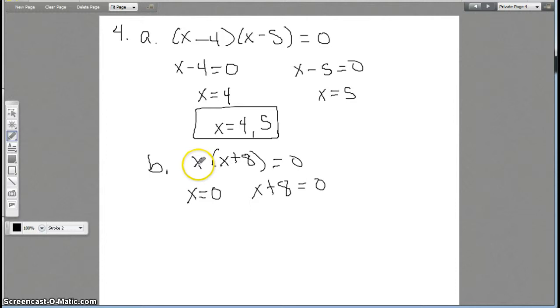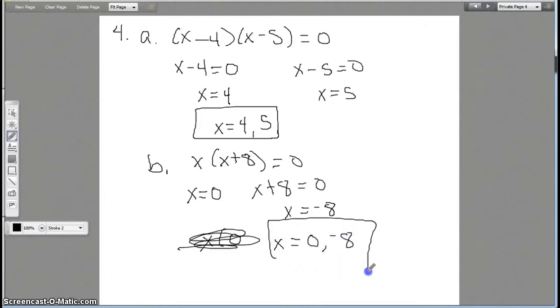Because if x equals 0, this equation will be 0. So x equals 0 is one solution. x plus 8 equals 0 is another solution. If we subtract 8 from both sides, we get x equals -8. So the solutions to this equation are x equals 0 and -8. Both of those are solutions to the equation.